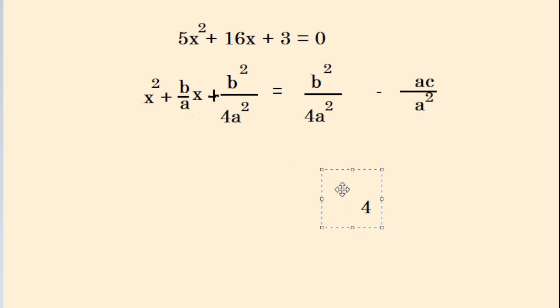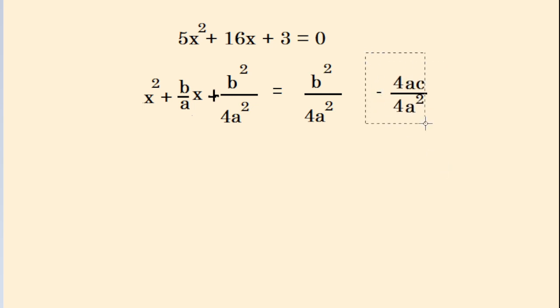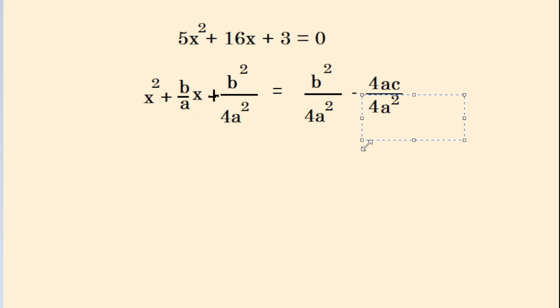It's allowed. It's math rules. So now the bottom is the same for both of these. Now we can combine them. So we can remove one of the bottoms. Doesn't matter which.